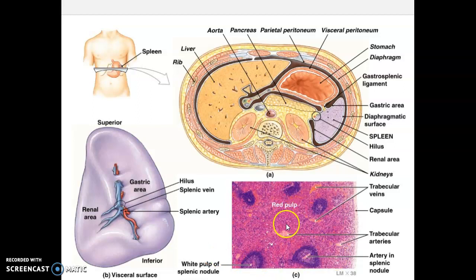Again, without going into too much detail, the spleen is very important for immunity. It also is an extra reservoir of blood. If we're ever in an emergency and need more blood to our muscles, we have quite a bit of blood here that can be used.